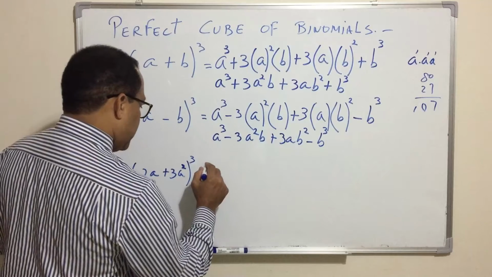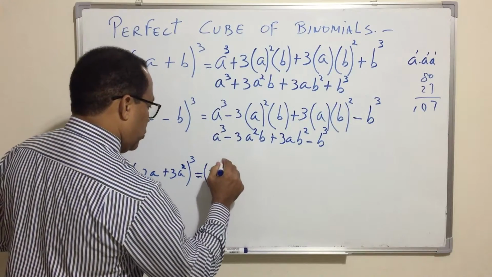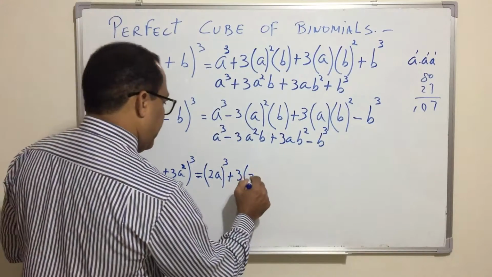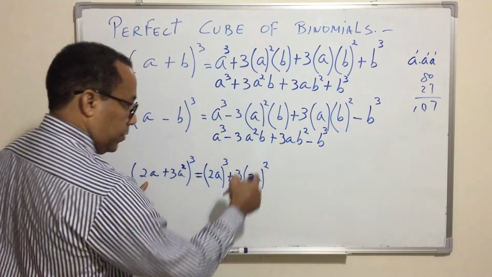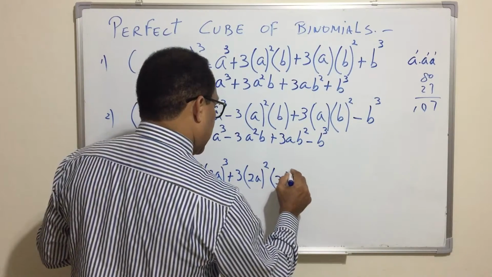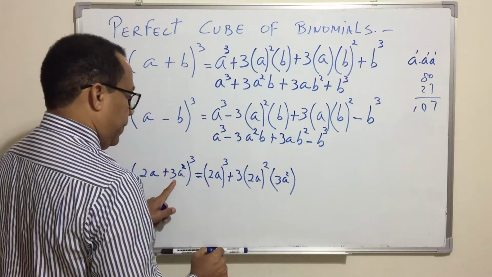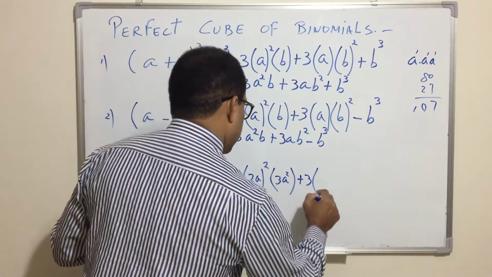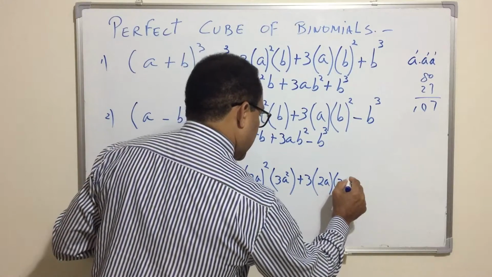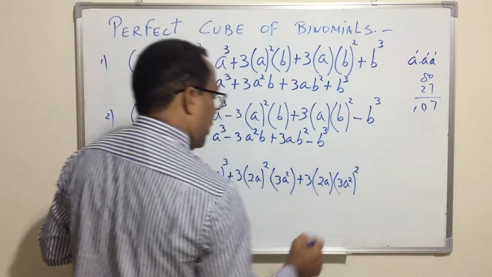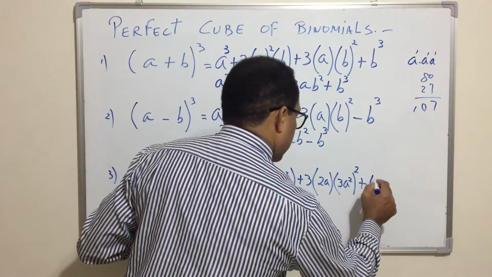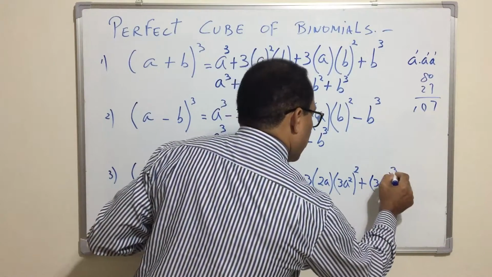So this is the first term, 2a, to the third power plus 3 times the first term to the second power, the 2 outside, times the second term, which is 3a to the second, the 2 inside the parentheses, plus 3 times the first term, which is 2a, times the second term, which is 3a to the second, but to the second power, plus the second term, which is 3a to the second, to the third power.